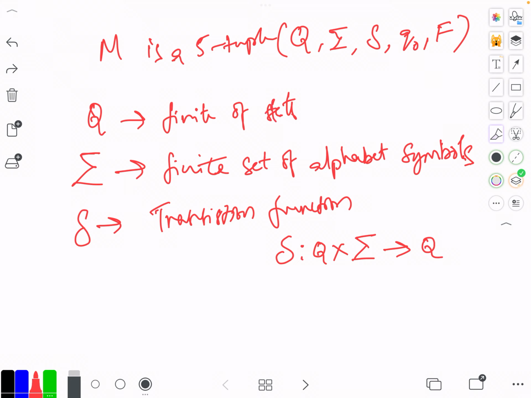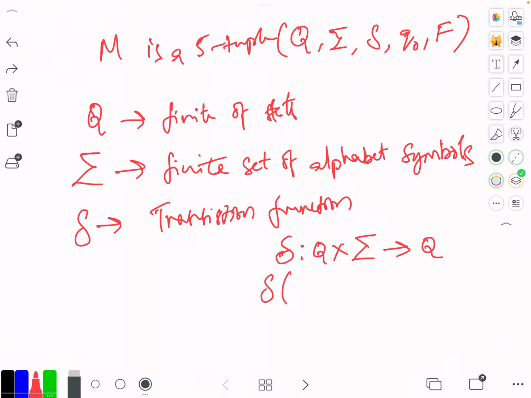So this delta is whenever you are putting that with the finite set of alphabets together. It has to go and land at some state basically. So the delta transition function would be the same.